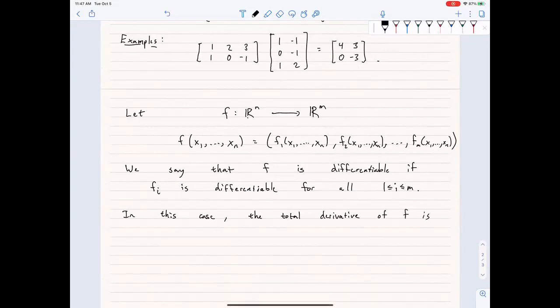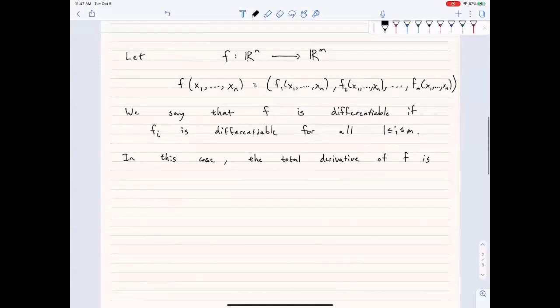And what is it? It's a matrix. Sometimes people write Df, or lowercase df, although I don't like the notation; it's not what I would write, but it's used sometimes.